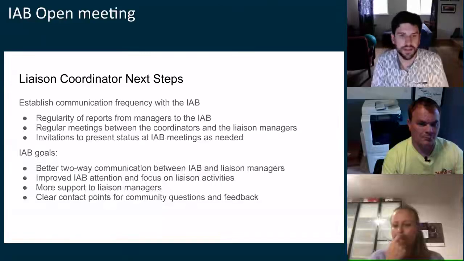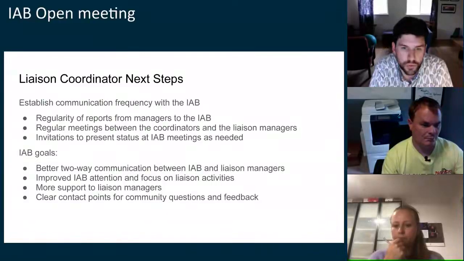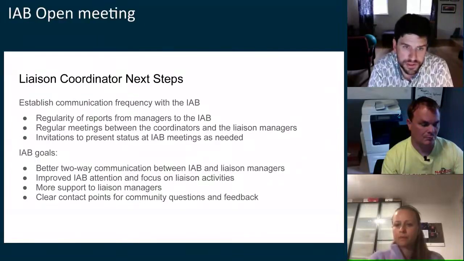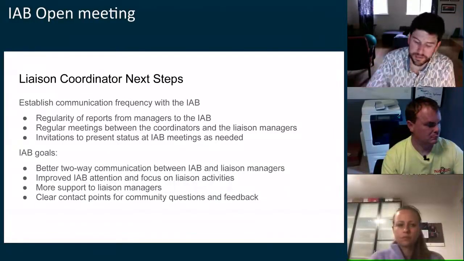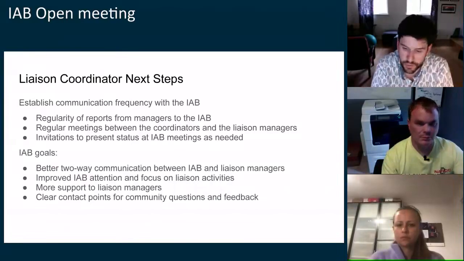Yeah, so the next steps here: the main concrete thing is that we want to start establishing more official communication frequency from liaisons to the IAB. This doesn't necessarily need to be a lot of things being said, but just a status update on a regular cadence so we know what is active and what isn't.